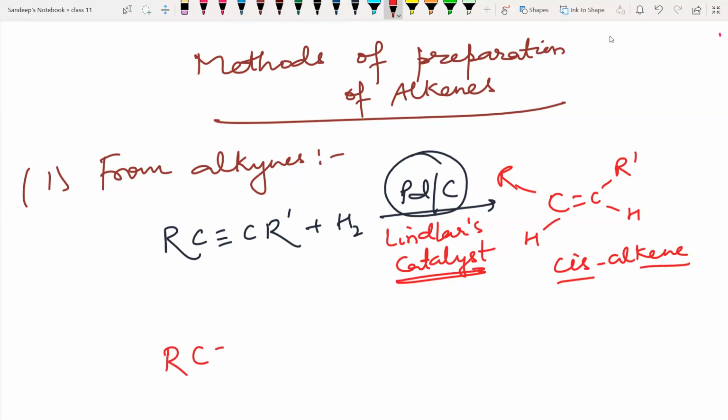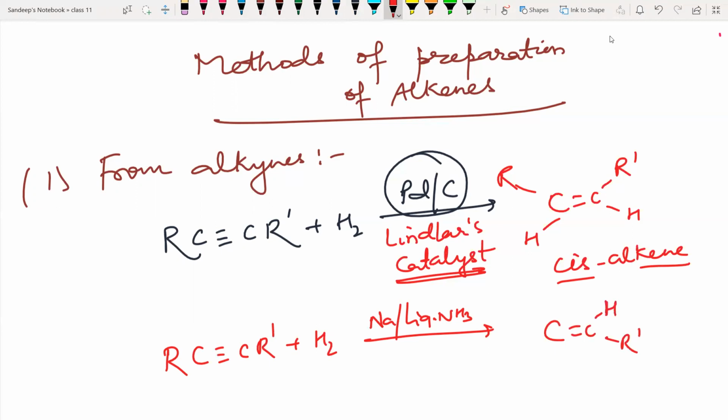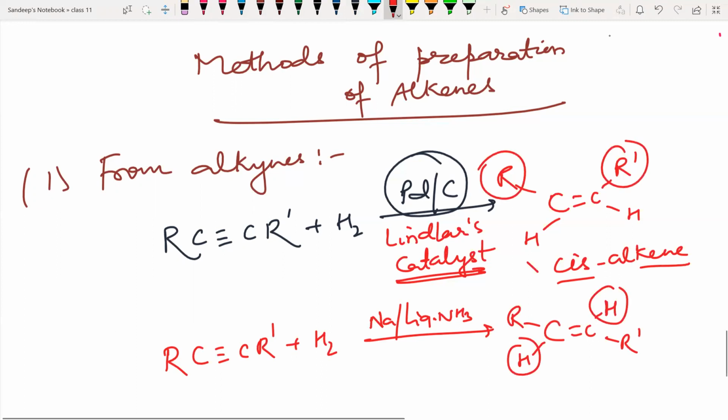Next, you take alkyne, treat it with hydrogen, but you treat it with sodium in liquid ammonia. It will form trans alkene, with groups on the opposite side. Okay, so this is called trans alkene.